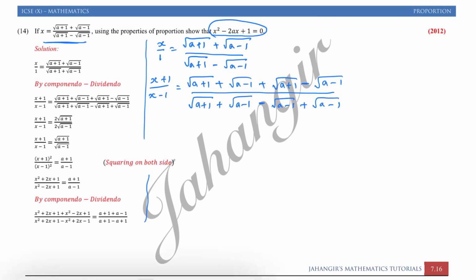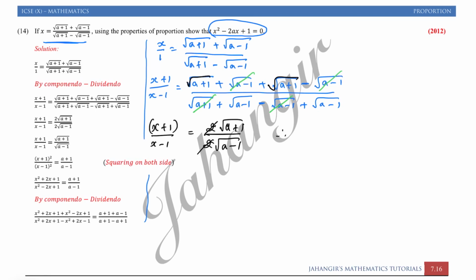So we will cancel out whatever terms we can from the numerator and the denominator. So I can write x plus 1 upon x minus 1 is equal to 2 root of a plus 1 upon 2 root of a minus 1. 2 and 2 will get cancelled.